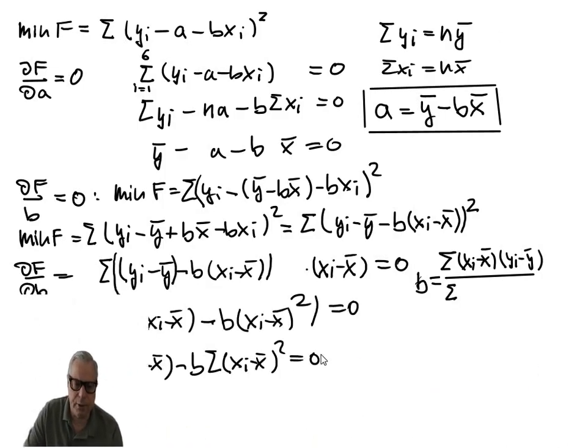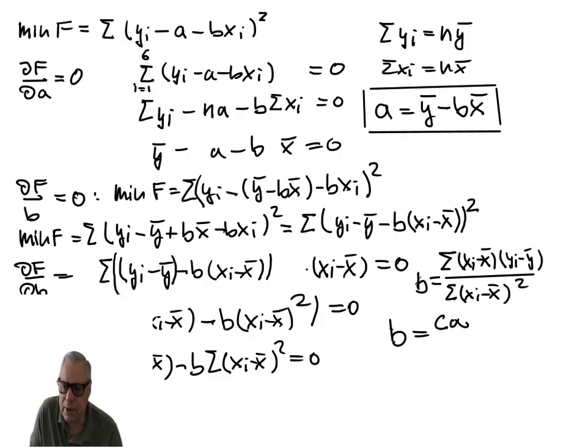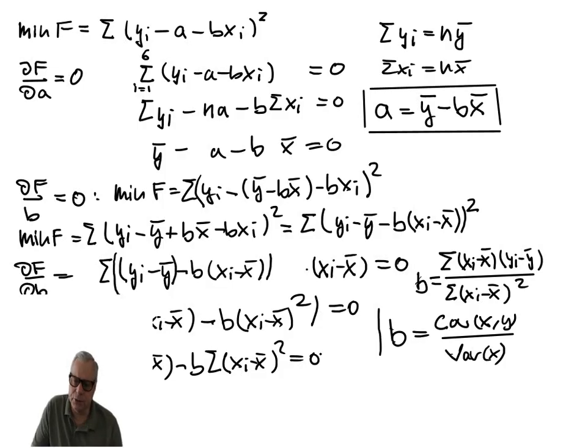Let me go over there quickly. Xi minus x bar squared. Well, that is nothing else but b is nothing else but the covariance of x and y over the variance of x. And this is what we tried to show.